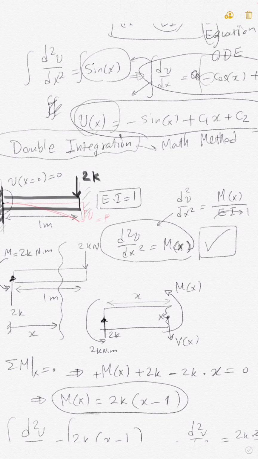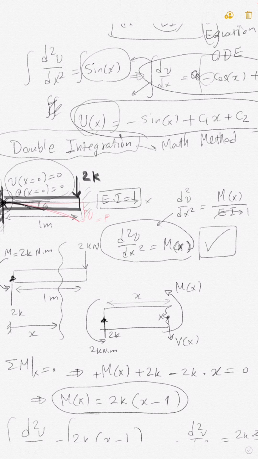This is called a boundary condition mathematically, because it happens at the boundary. Also, what about the slope? Well, look here, the slope theta of the neutral axis with respect to the flat line, the x-axis, at x equals 0 is also 0, only at this point. I'm just talking about only this point. At other points, as you can see, we gradually get some theta, right? Only at point A. So we have these two conditions.